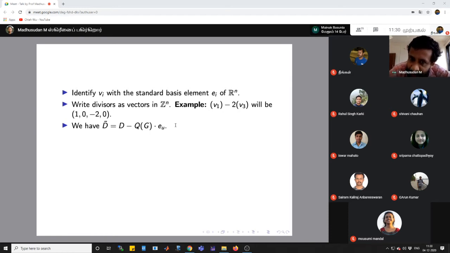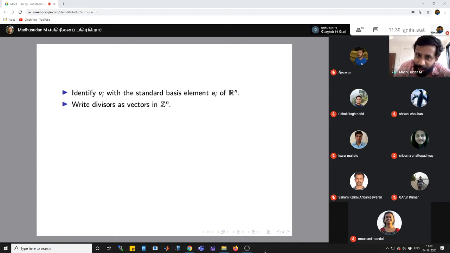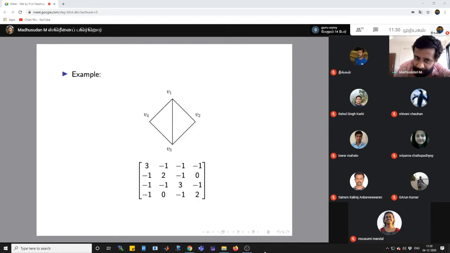You will immediately see, because it will pick up a column when you multiply it by this standard basis vector EU. When you multiply the Laplacian, it will pick up a column, and the columns exactly correspond to what we did with the chip firing game.